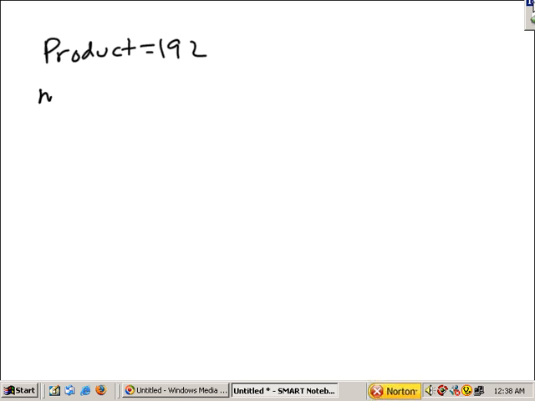and you want to minimize the sum of the first plus 3 times the second. The first number plus 3 times the second. We're letting x and y be the numbers. We're going to minimize the sum of the first number plus 3 times the second.